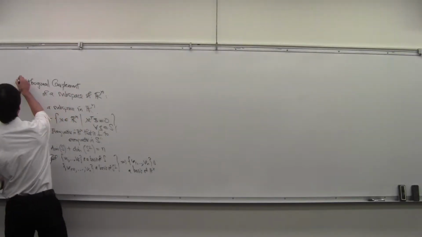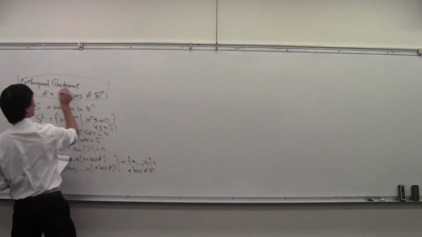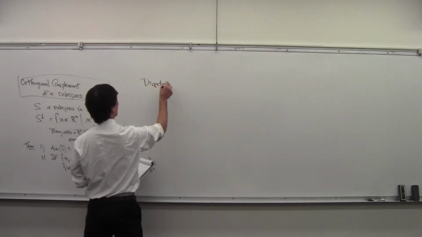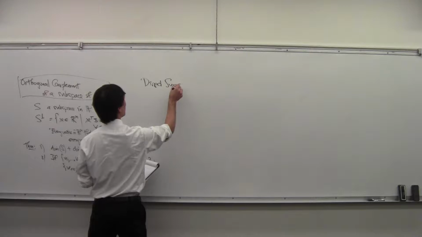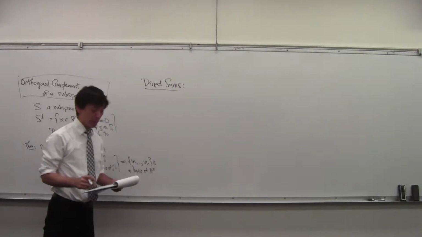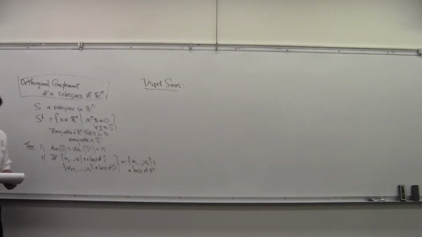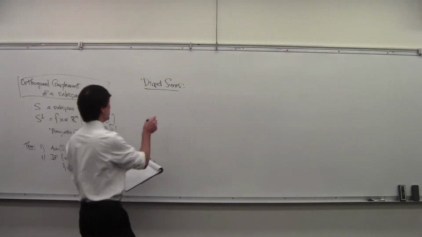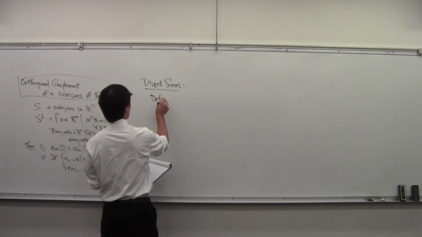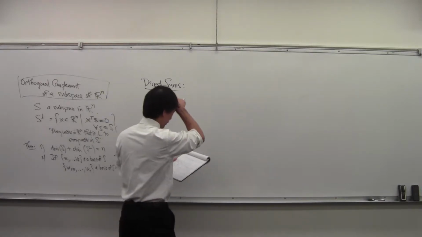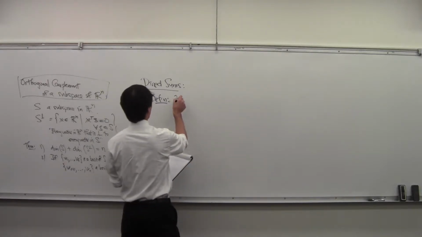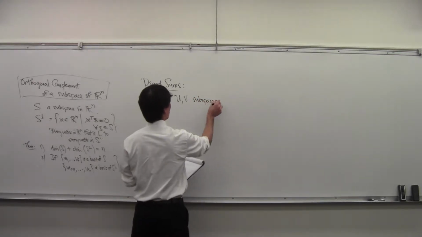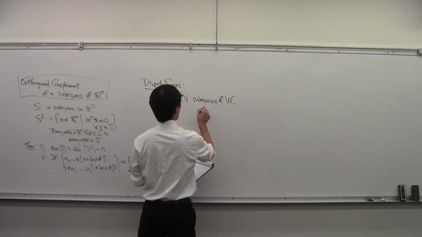This is the first idea in this section, and the second concept is something called a direct sum. Here's the definition. It's kind of an odd one. You have U and V that are subspaces of W, a vector space.